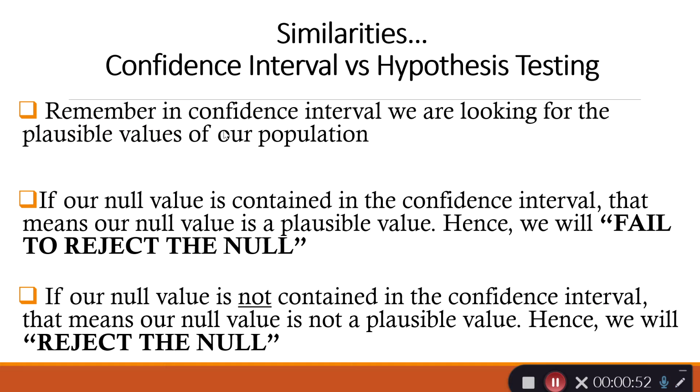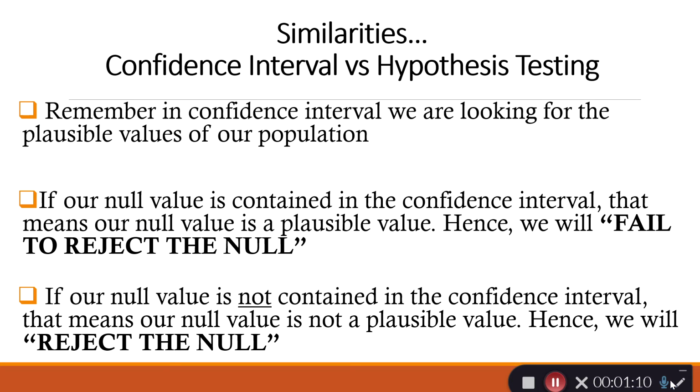So remember, in a confidence interval, we're looking for plausible values for our population, right? So if our null value is contained in the confidence interval, that means our null value is a plausible value.